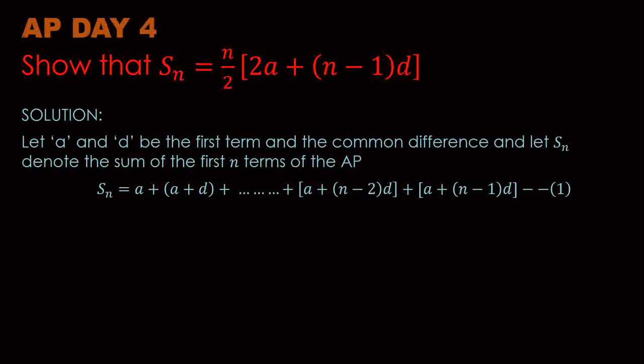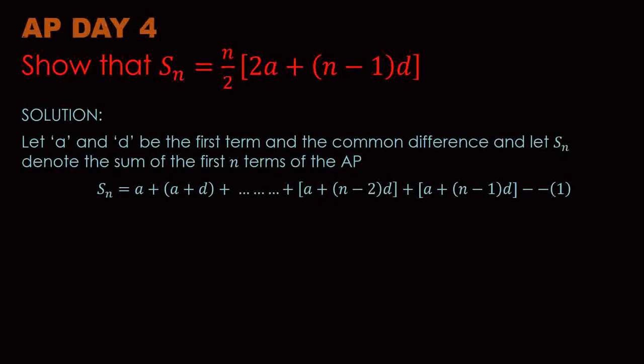The last term would be a plus (n minus 1)d, and the term before the last term would be a plus (n minus 2)d. So keep that in mind. Now we're going to add them and call it equation 1.